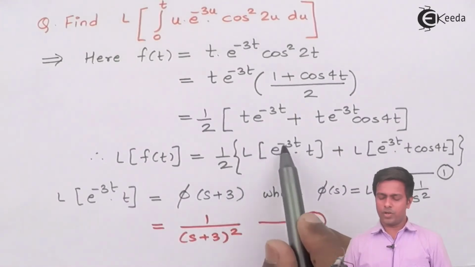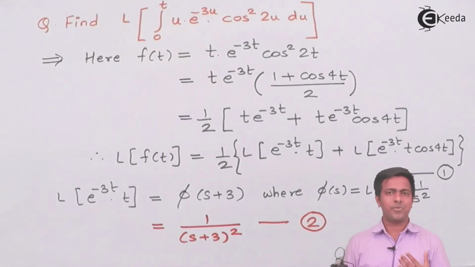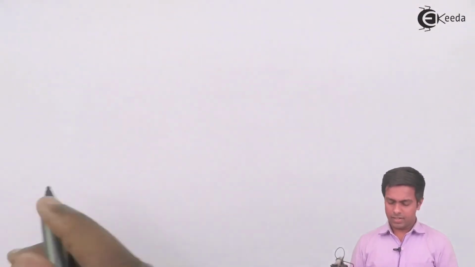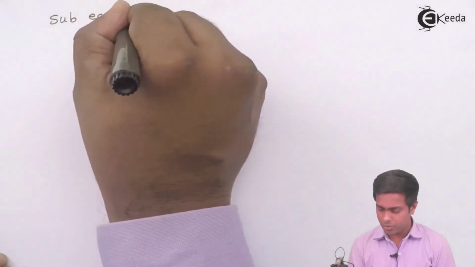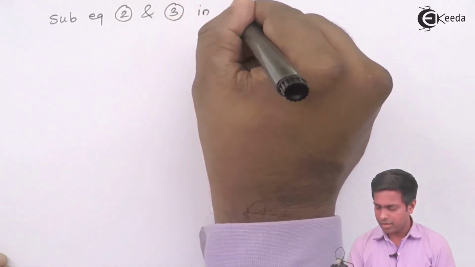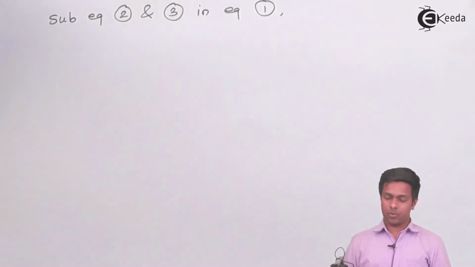We got the first value in equation number 2 and the second value in equation number 3. So now I will substitute equation number 2 and 3 in equation number 1. And guys, equation number 1 is our question.